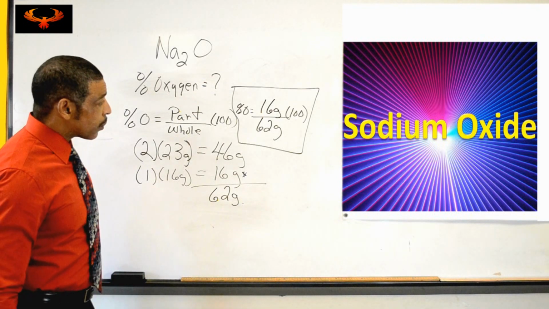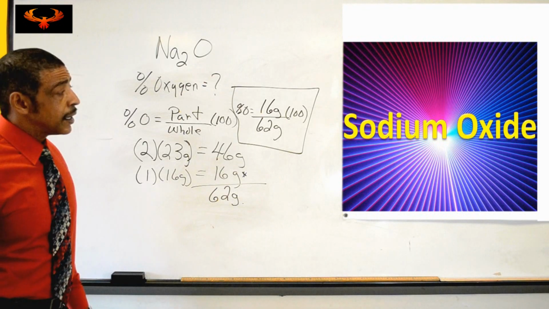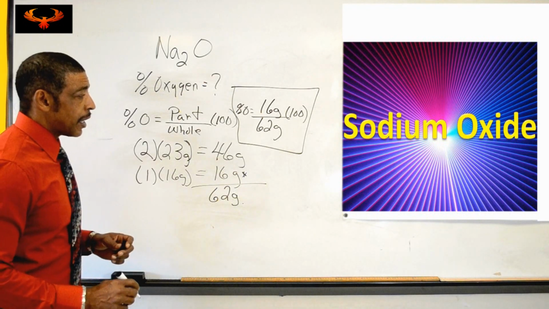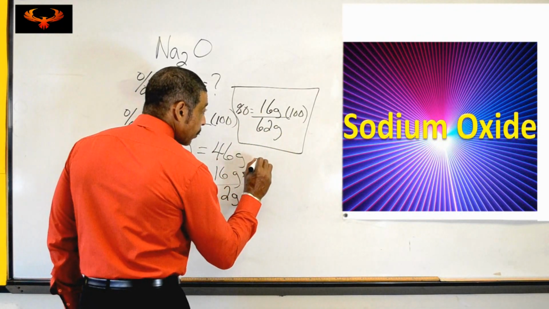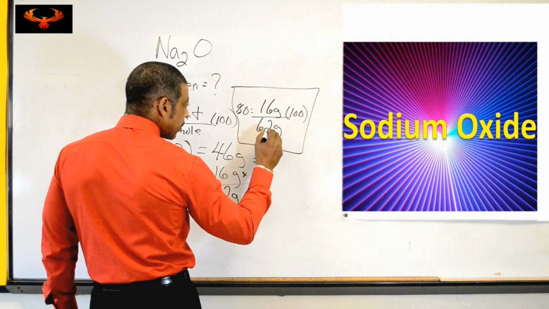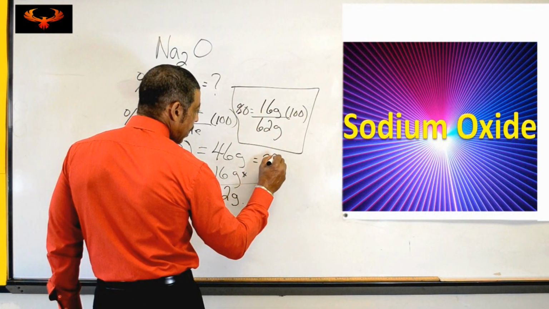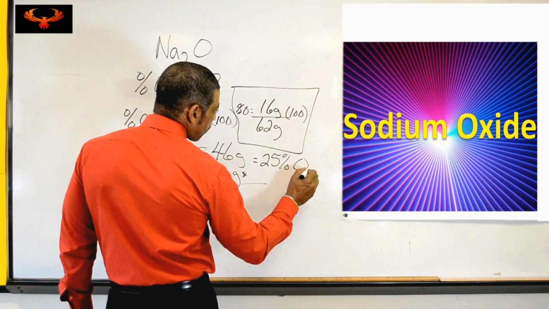So if you're asked to write the numerical setup for calculating the percentage of oxygen in the compound sodium oxide, this is what you want to write. The calculated result will be 16 divided by 62, 25% oxygen. So the compound contains 25% oxygen.